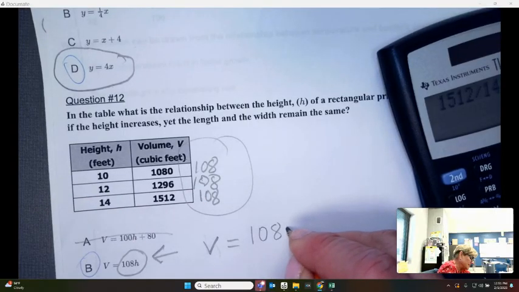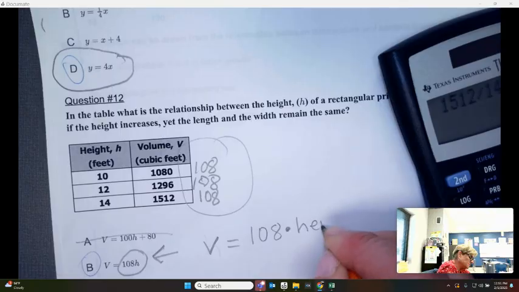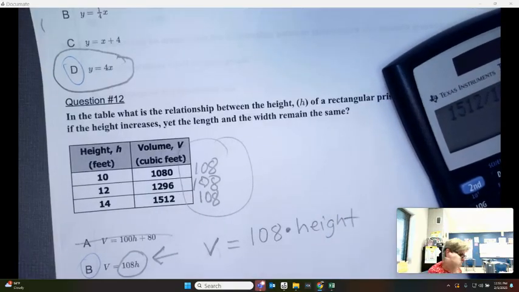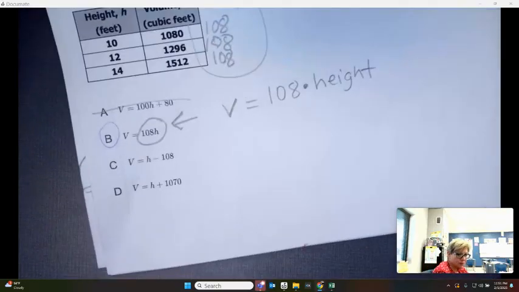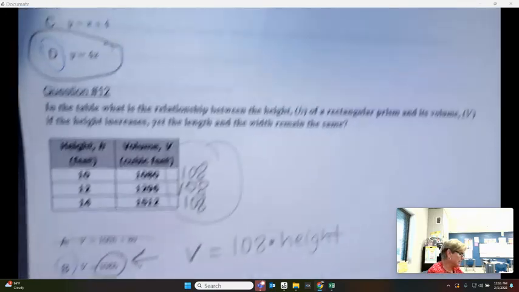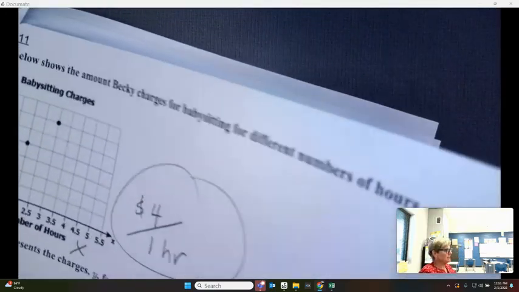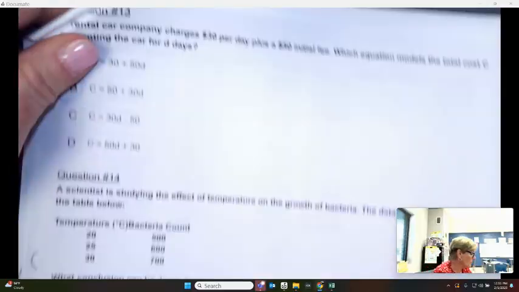So 108 times the height gives you the total value. It would have to be multiplying by the rate, because we divided to find that 108 common value.